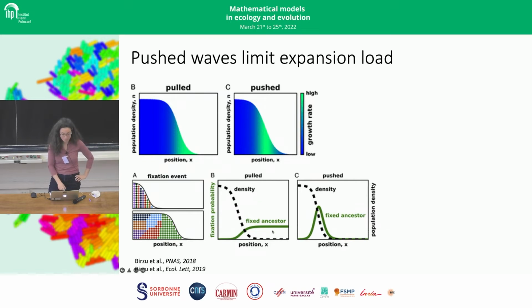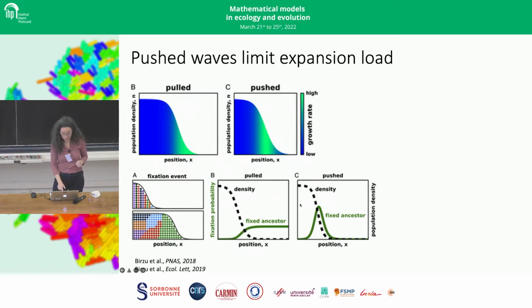In the pulled wave, the closer you are at the front, the more likely you are going to fix eventually and take over the front, kind of what we saw in the bacterial populations that I showed at the beginning. In push waves, that's not the case because there's a competition between being at the very front, and so having a better position to take over the front, but on the other hand, you're also not growing as fast, so you need to be a bit in the back.